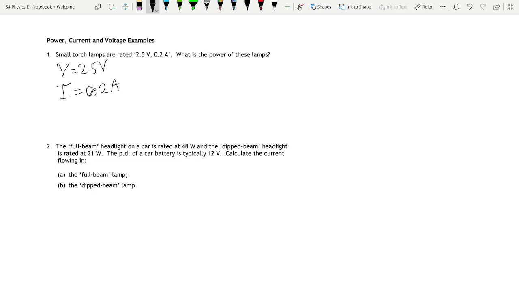What is the power of these lamps? So power equals question mark. So we're going to do P equals IV. It's already in amps and it's in volts, so we don't need to change any of the units. So it's 0.2 times 2.5. And that comes to 0.5 watts.